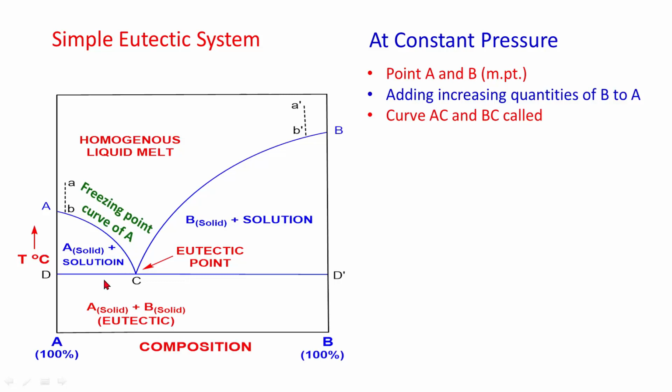Curve AC is termed as freezing point curve of A and curve BC is termed as freezing point curve of component B.